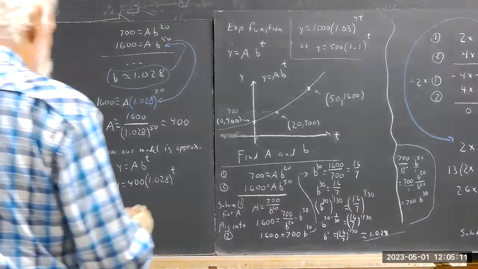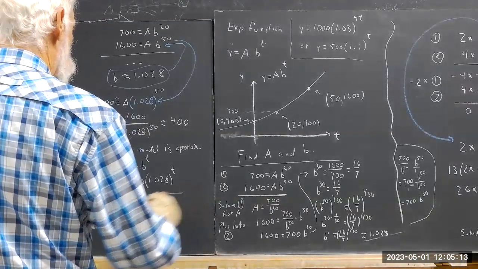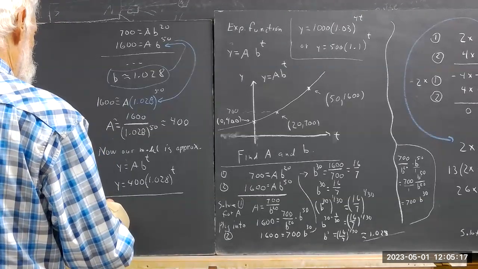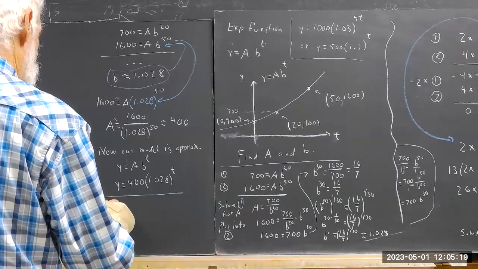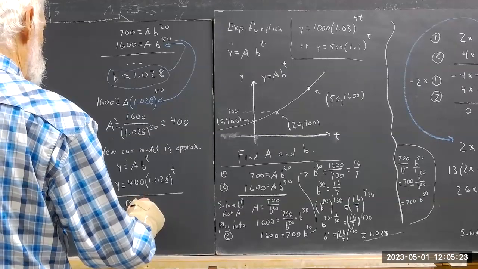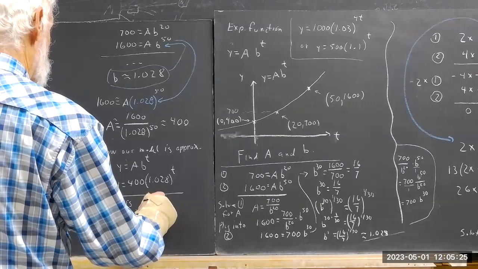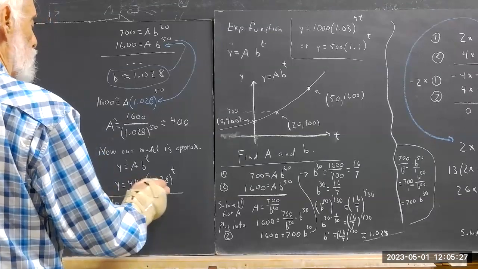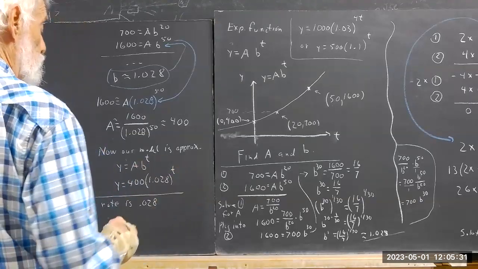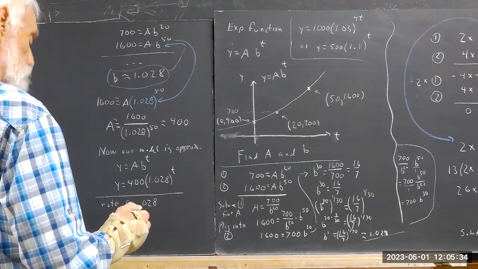So the rate is 0.028. Our multiplier is 1.028, or our growth factor.